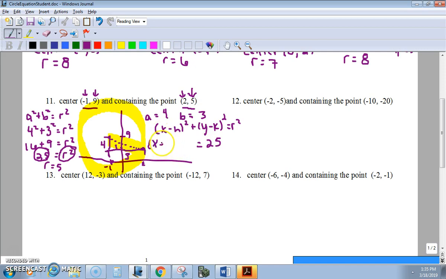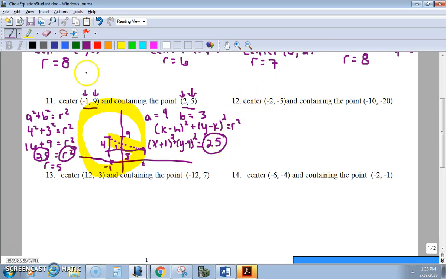It was -1, so that's going to be x plus 1, squared, plus y minus 9, squared, equals 25. So I did all of that to figure out r squared, which is 25. That's the only other thing I needed to create my equation.